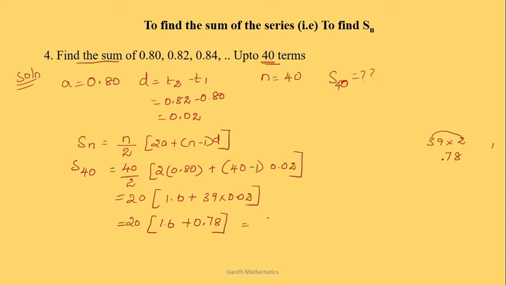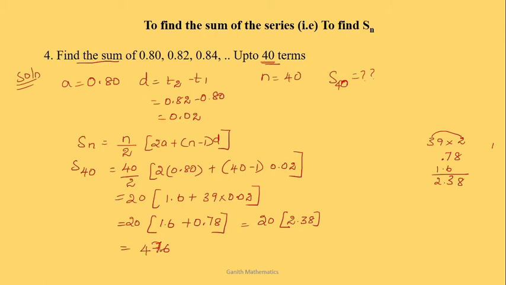When you add these two values, you'll get 20 into, this will be 1.6, so 8 will be there. 6 6s are 12. 12 plus 1 will be 13. So 2.38. If you multiply it with 20, then one decimal point will go to the back side. Then you just simply multiply. So this will be 47.6.